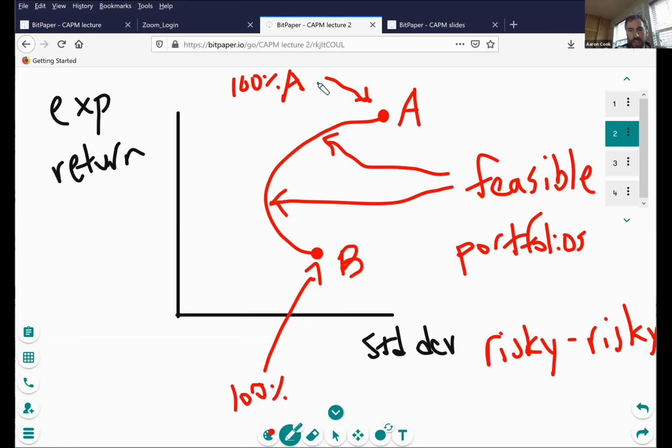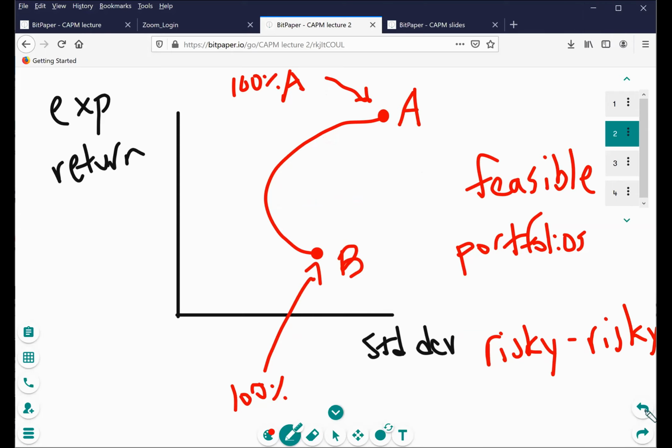Even though both are risky, having them both together in a portfolio can mitigate the overall risk, because as long as they're not perfectly correlated, holding them together means that even if one is going bad, the other one might not be going bad in exactly the same way, and there's some degree of insurance that you're able to get by having a portfolio that's somewhat diversified.